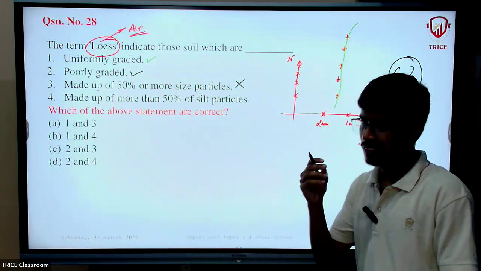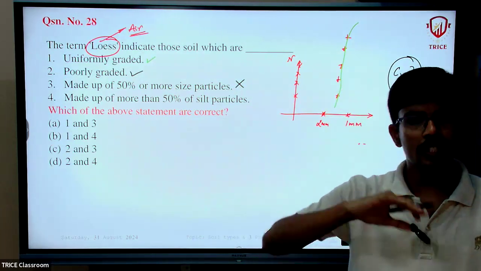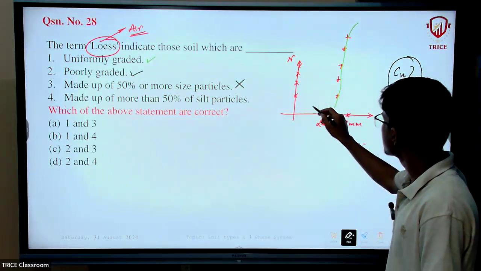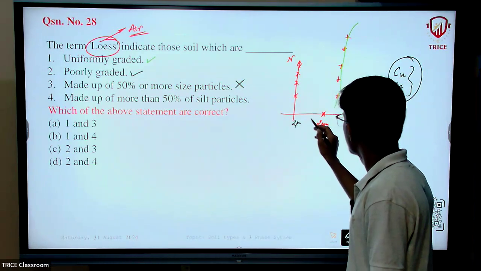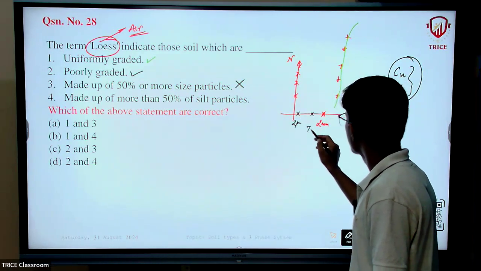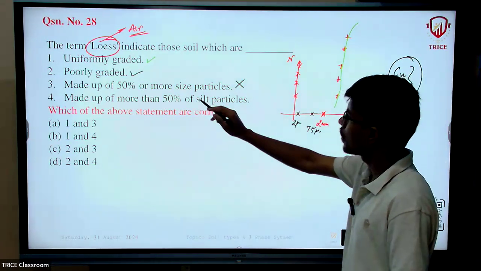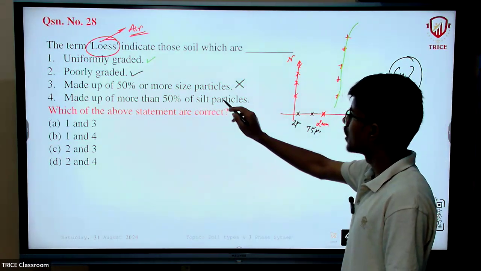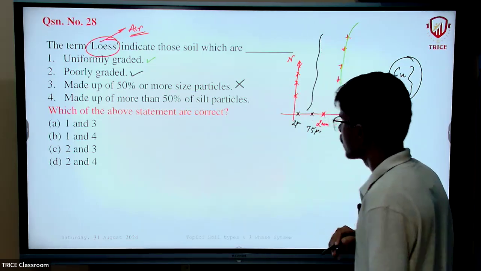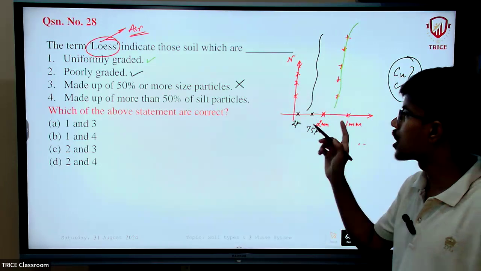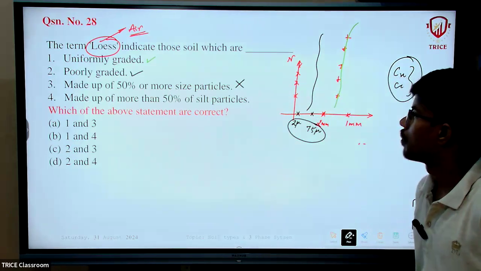The size ranges from 75 micron to 2 micron, that is the silt range. Again, the particle size is 2 micron to 75 microns. Again, made up of 50% or more silt particles will come under the single lines, because the same particles were silt, which come under only 75 micron to 2 microns.